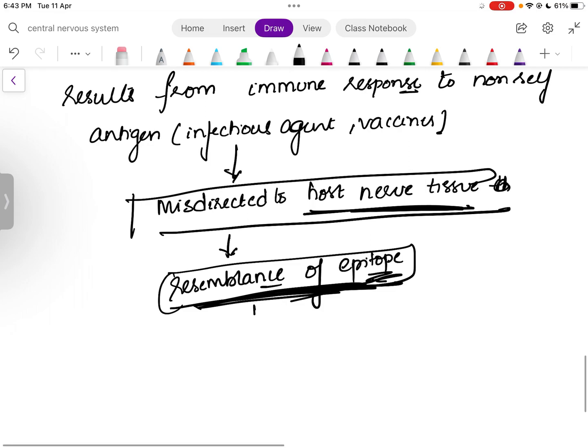So there is molecular mimicry. That is, both human tissue and the infectious agent have a similar kind of epitope, so the immune response is directed towards both the host tissue and the infectious agent, and they will cause immune reactions.